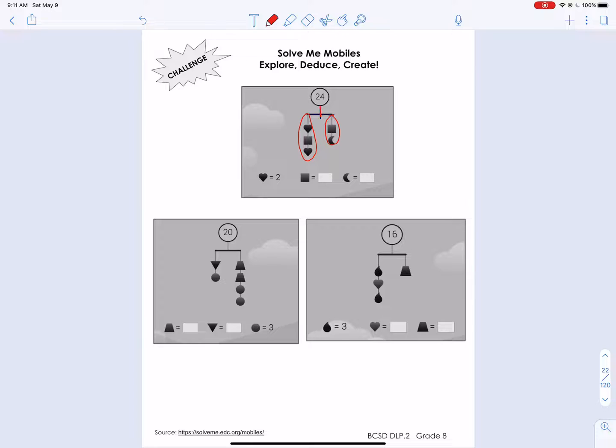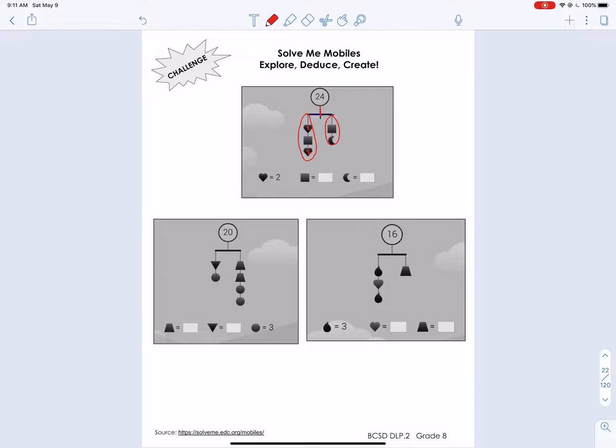So let's just say grams. So this whole thing weighs 24 grams, and there's two sides that are equal. Okay? So we are given that the heart is 2, and then we need to find the other shapes.